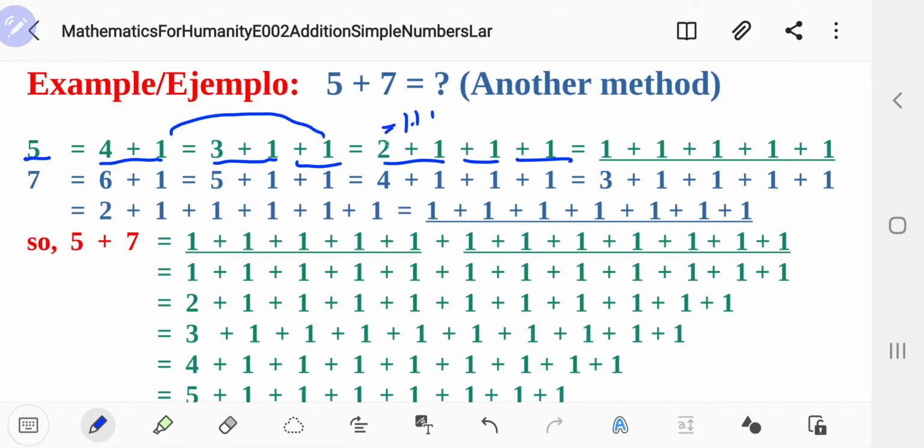So you can write your 2 as 1 plus 1, and then plus 1, and plus 1. So in other words, 5 is equal to 1 plus 1 plus 1 plus 1 plus 1. There are 5 ones.